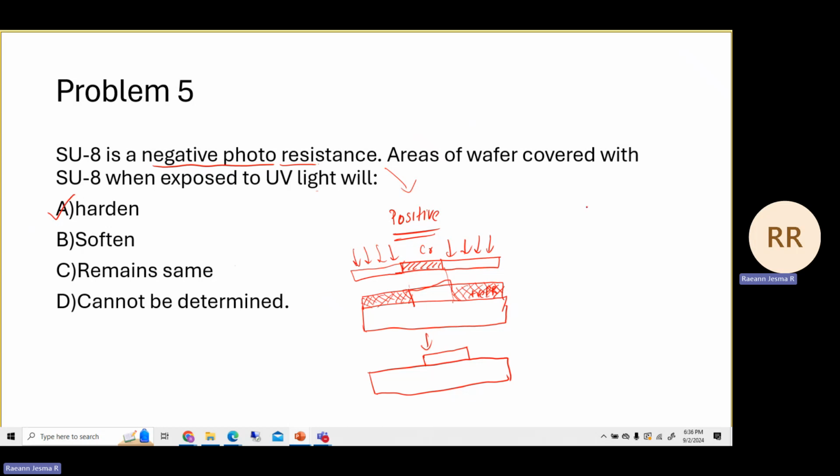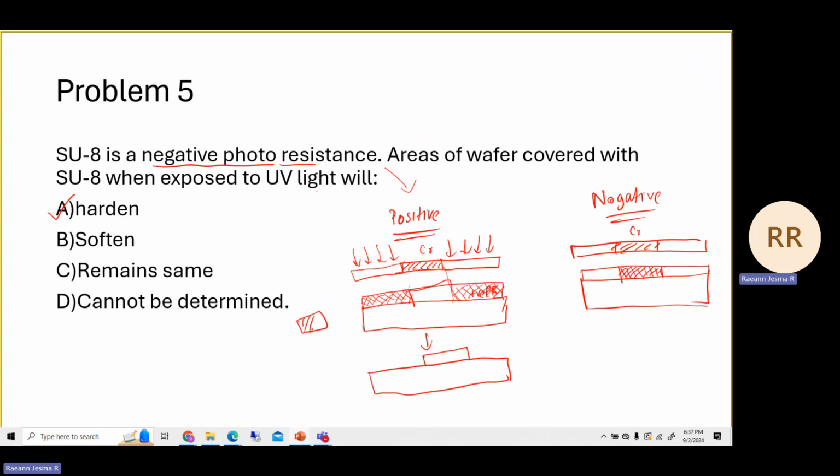But in the case of negative resist, the exposed regions have a better solubility for the developer in the case of positive photoresist. In the case of negative photoresist, if you consider the same case where we are having a mask and we are using the same mask, here the exposed regions will harden. So the photoresist undergoes something called cross-linking, and the unexposed region will become more soluble.